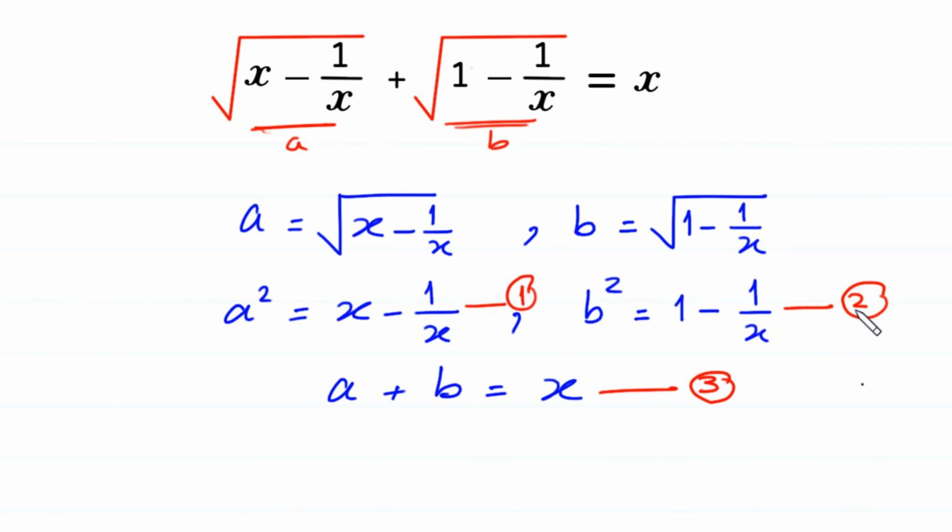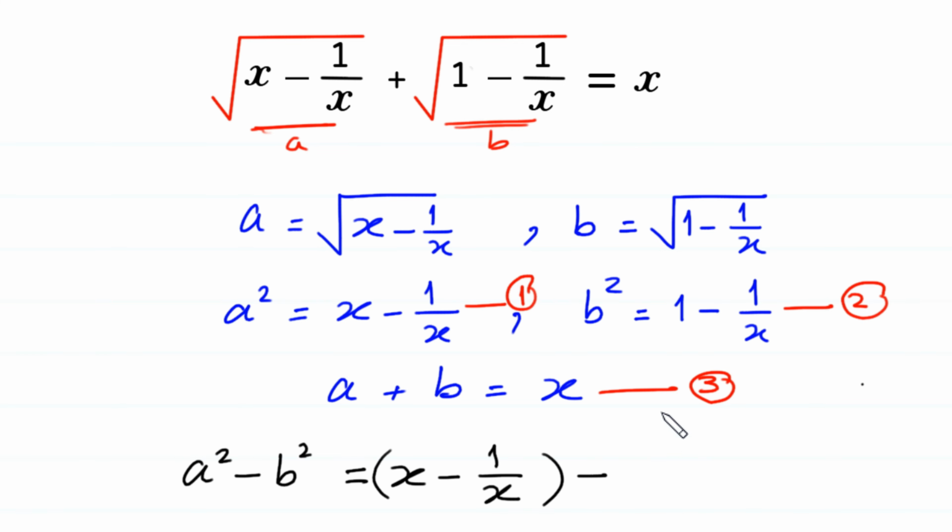Now we subtract equation 2 from equation 1. Left side of equation 1 is a square minus left side of equation 2 is b square is equal to right side of equation 1 is x minus 1 over x minus right side of equation 2, 1 minus 1 over x.